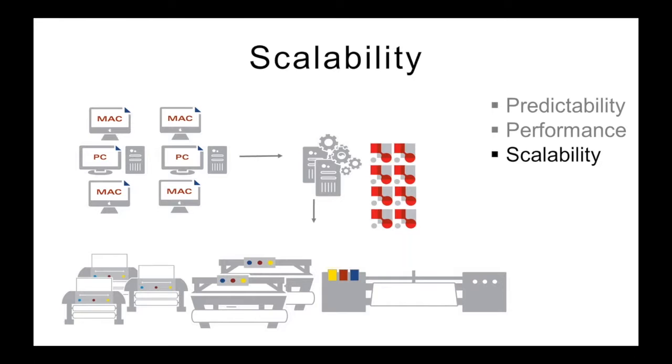Completely scalable, growable. You can create a RIP farm, process as many files as you want at a given time, as well as drive as many different printers at a time as you need based on the licensing that you purchase. So again, Thrive, very scalable, very distributable based on that network licensing.